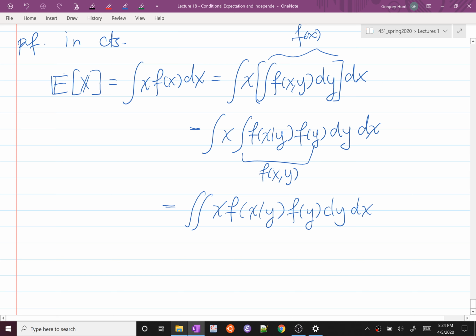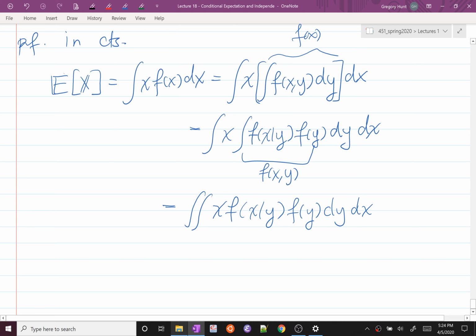I can expand out f_X by marginalizing out Y from the joint f of x comma y. I can write the joint as f of x given y times f of y.